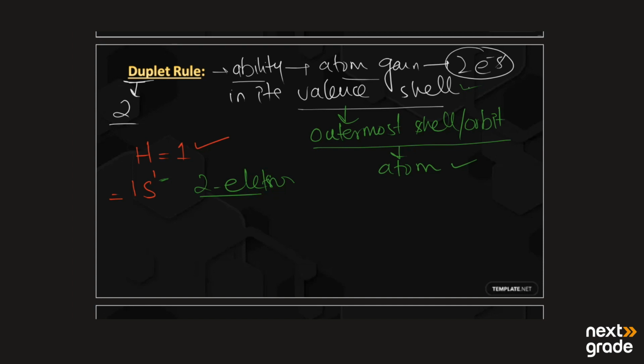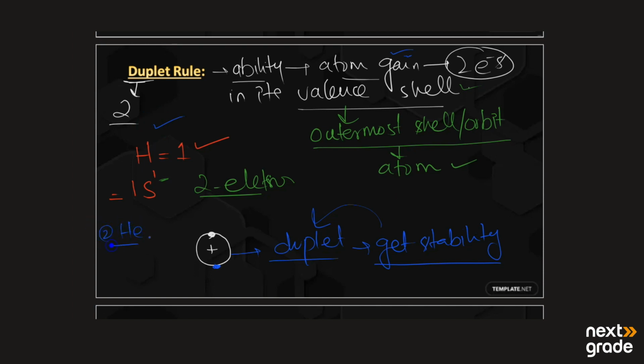By gaining one more electron it will complete its duplet and get stability. So this is the duplet rule. The first element is hydrogen, and the second one is helium. It also has two electrons in its valence shell to gain stability.